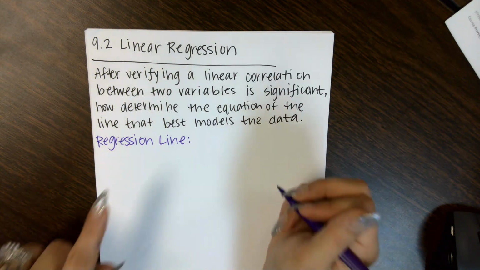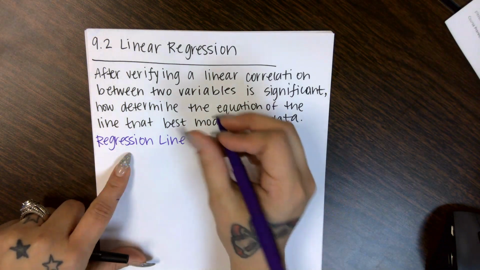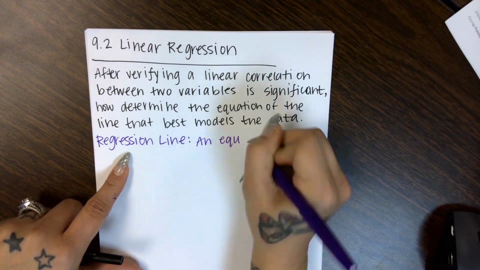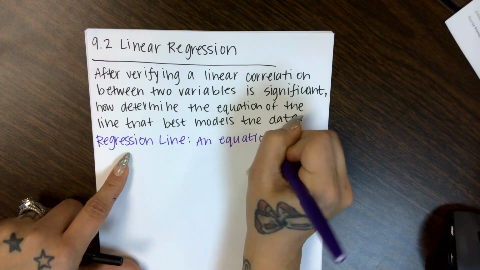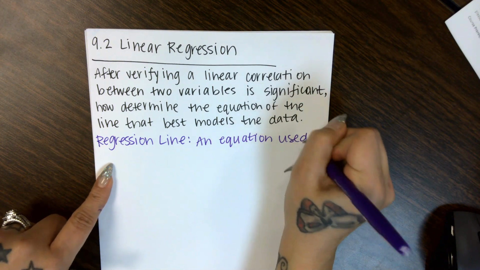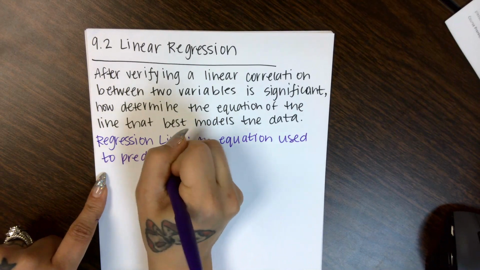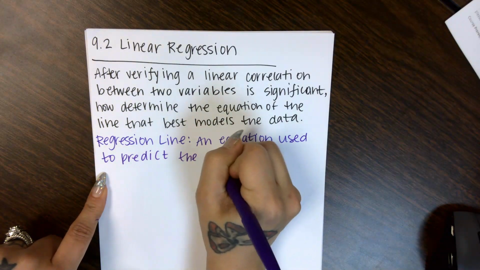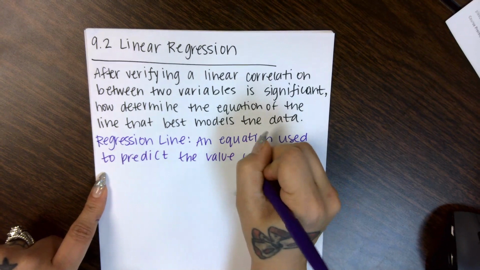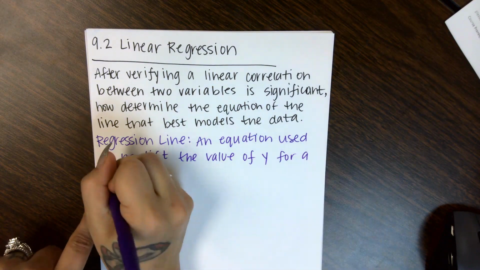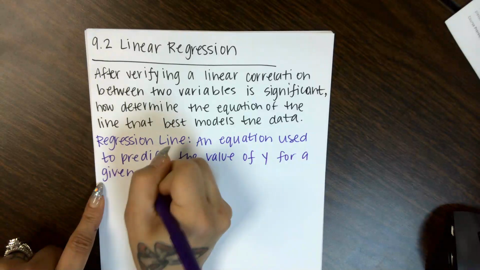And what we use is this regression line, which is an equation used to predict the value of y for a given x.